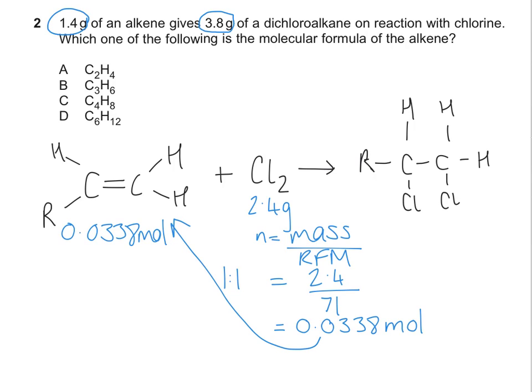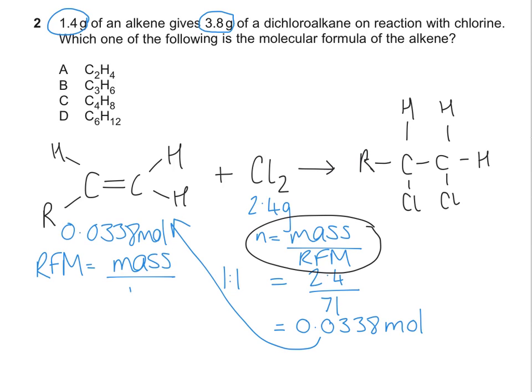From that we can work out the RFM by rearranging our equation to get RFM equals mass over the number of moles used, which is 1.4 grams from the question over 0.0338 moles. And that gives us an RFM of 41.4.